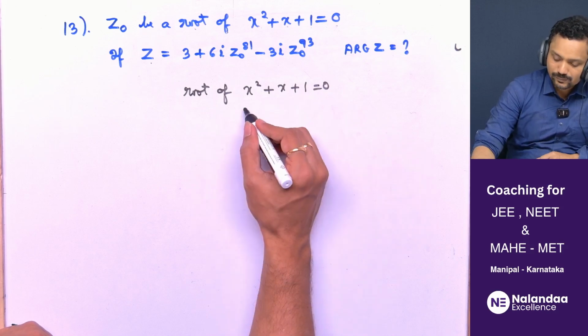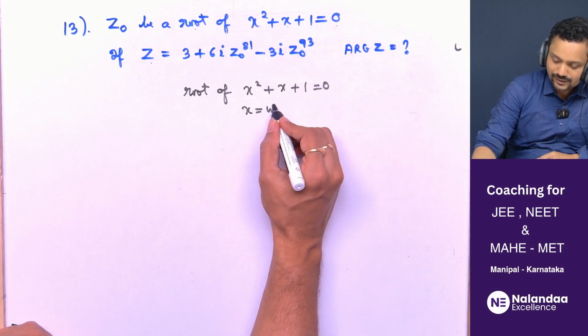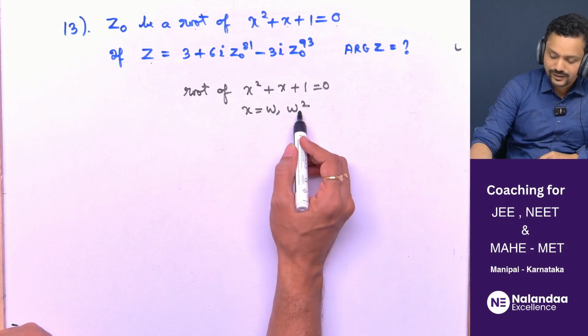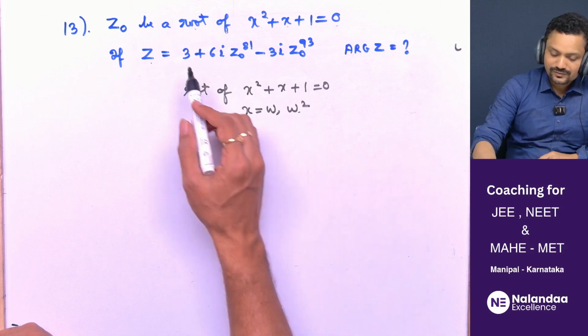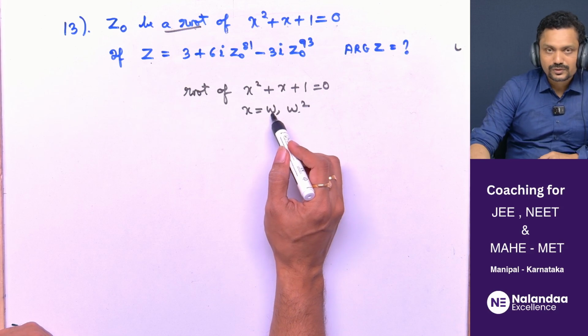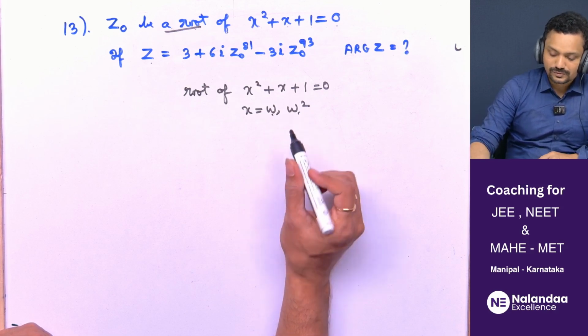Whenever this comes, immediately you can take x is equal to omega or omega square. If both roots are needed, you can take both. Otherwise, if they say a root, you can take either this root or this root.